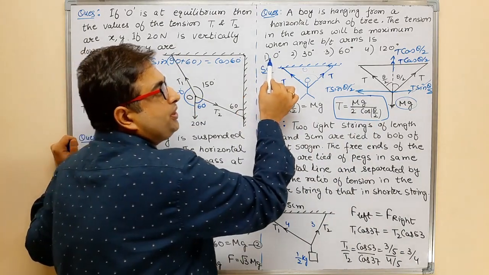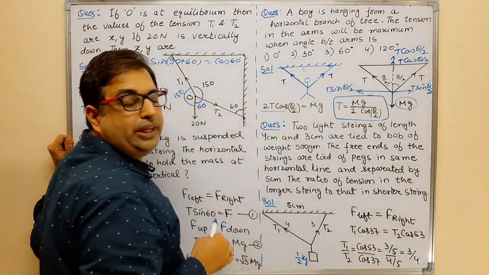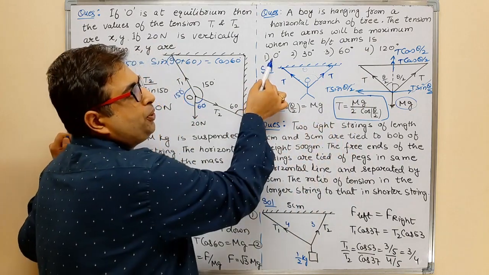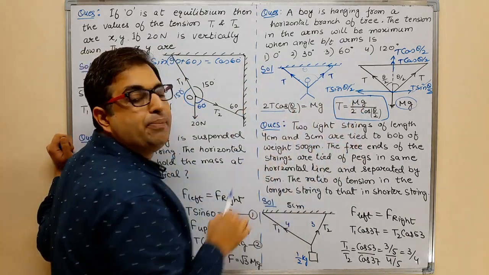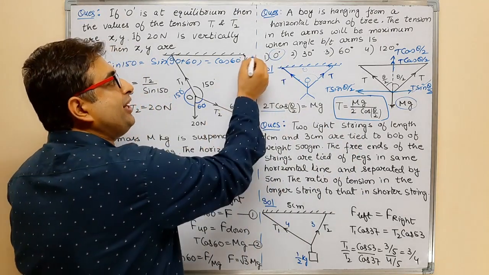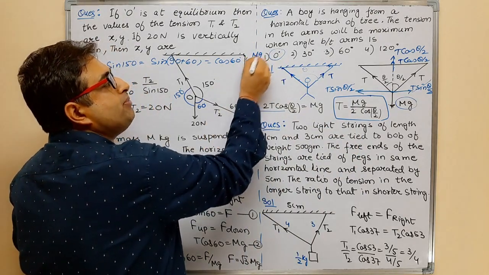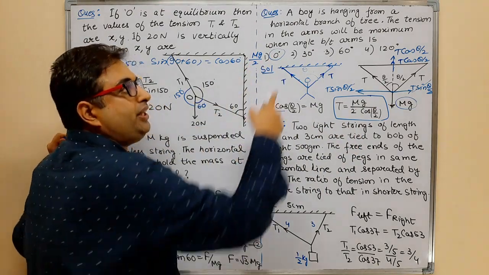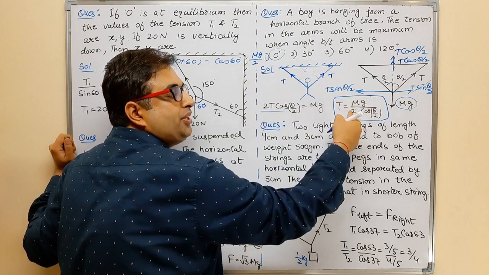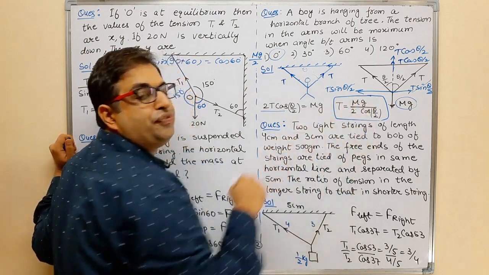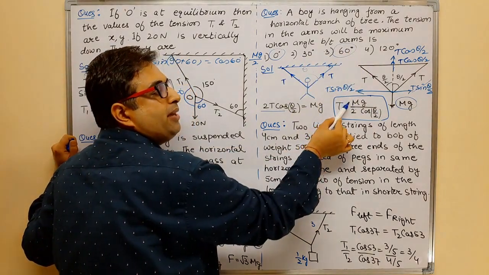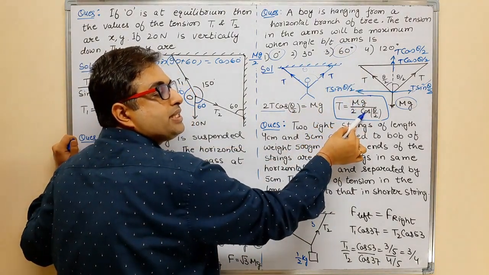Now let us put the angles one by one and calculate for which angle we will get maximum tension. If you put theta equal to 0, we will get mg by 2. I am writing here mg divided by 2. When theta equal to 30 degree, we will get mg divided by 2 sin 15 degree. When we put 60, then it is mg divided by 2 cos 30.